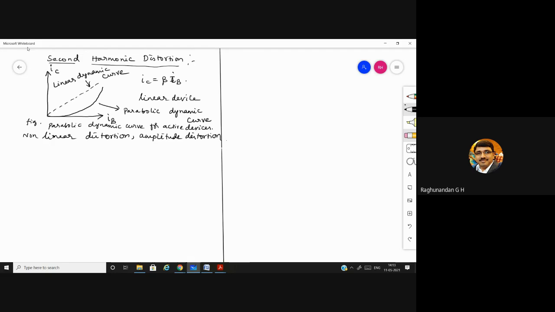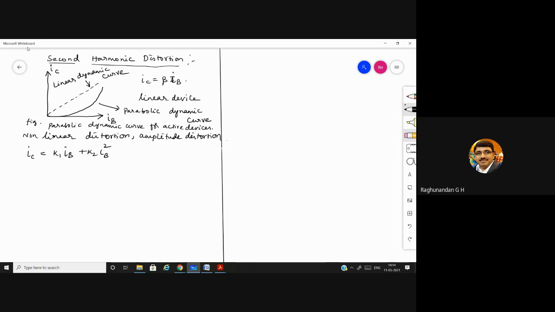Now we have to derive the expression for finding the second harmonic, first harmonic, and all. For that, we will first consider the series fed class A amplifier, and we are going to take the equation IC is equal to K1 IB plus K2 IB square.